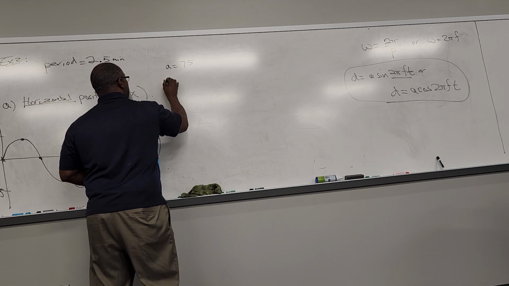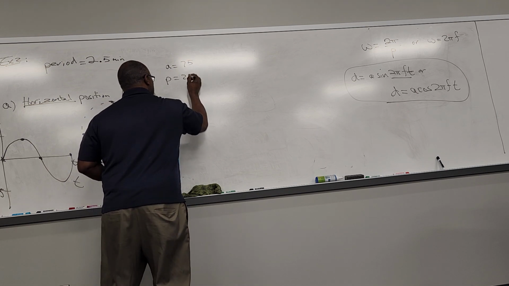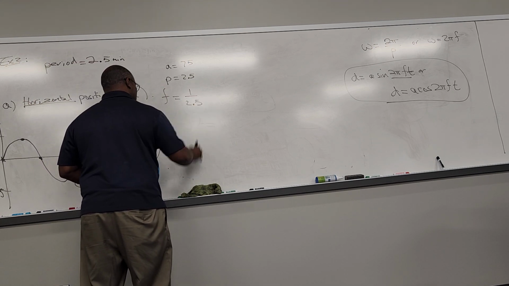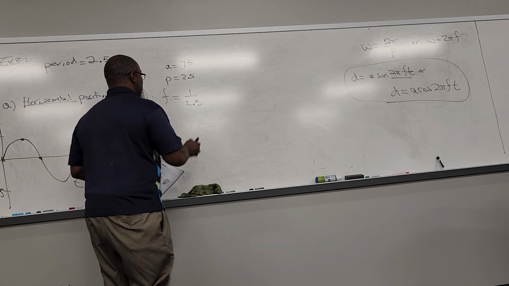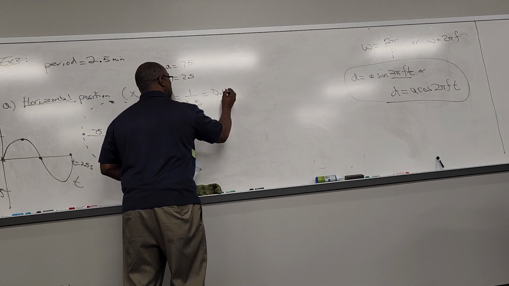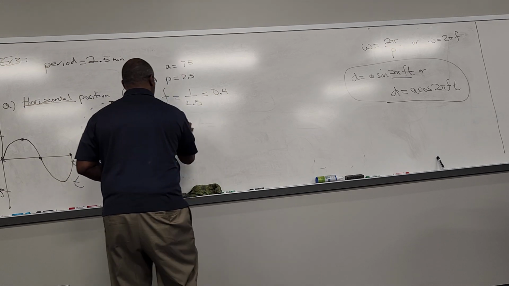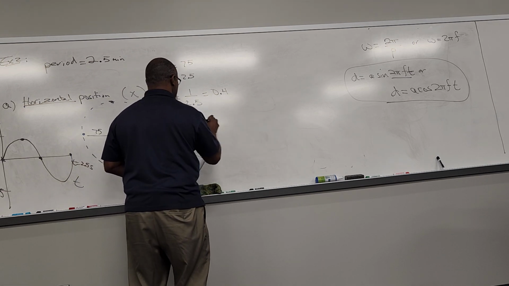We know that the period was 2.5. So my frequency would be 1 over 2.5. 1 over 2.5 is 0.4. All right? And so now I can use my model D equals A sine.